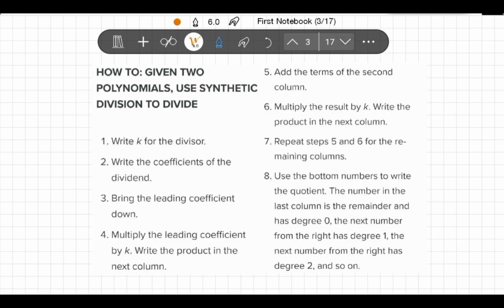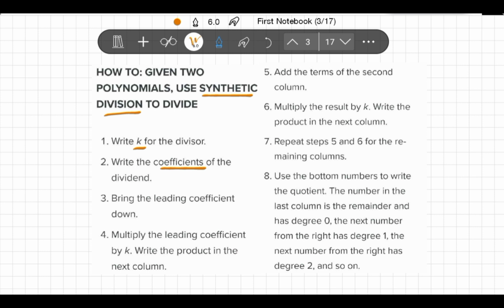Next, let's have the steps on how to use synthetic division in dividing polynomials. First, you write k for the divisor, or you identify what k is and then write it. After you identify k, you also write the coefficients of the dividend. And then, bring down the leading coefficient.